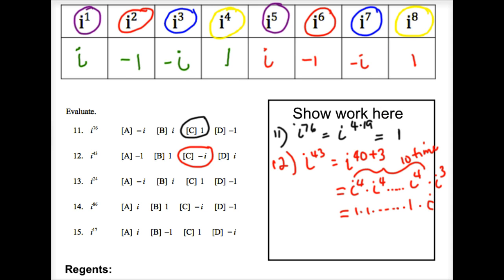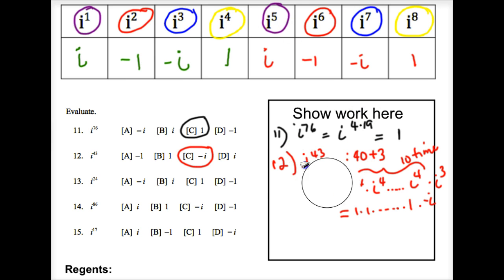This is what I was trying to clear off here. That should be a -i. And I know 1 times 1 is always going to be 1, and then 1 times -i is going to be -i. So make sure you copy this.